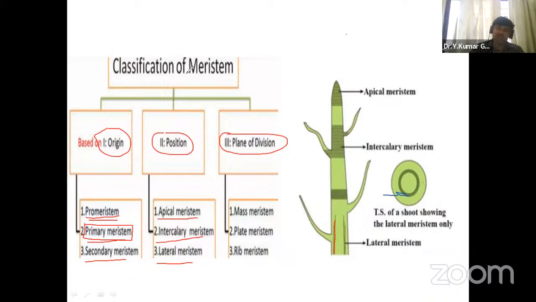So ground meristem forms all this. The function of protoderm is epidermis, the function of procambium is formation of vascular bundle, and the function of ground meristem is formation of cortex, pericycle, and medulla region. Is it okay?